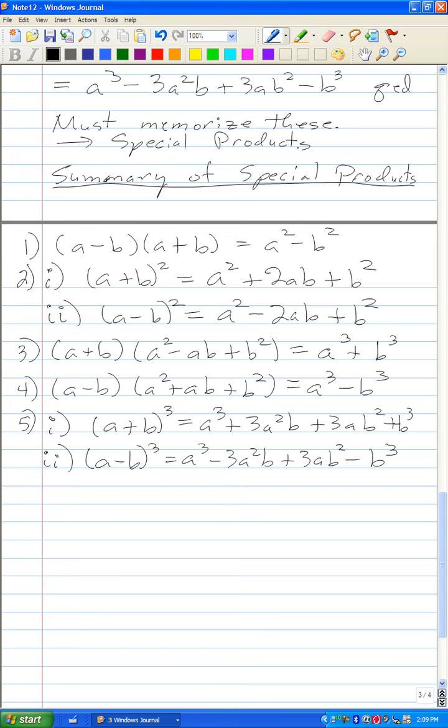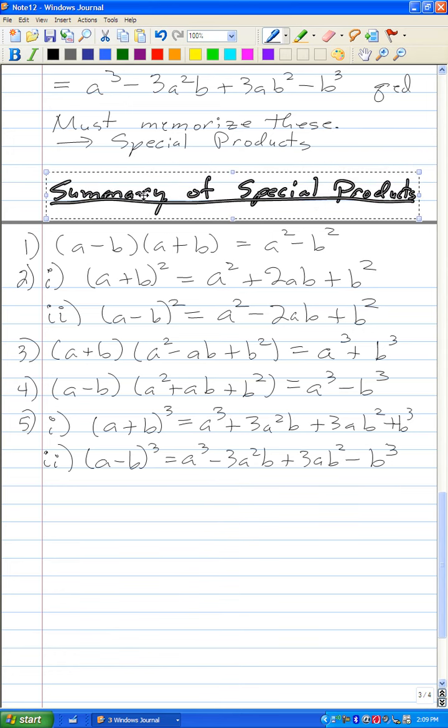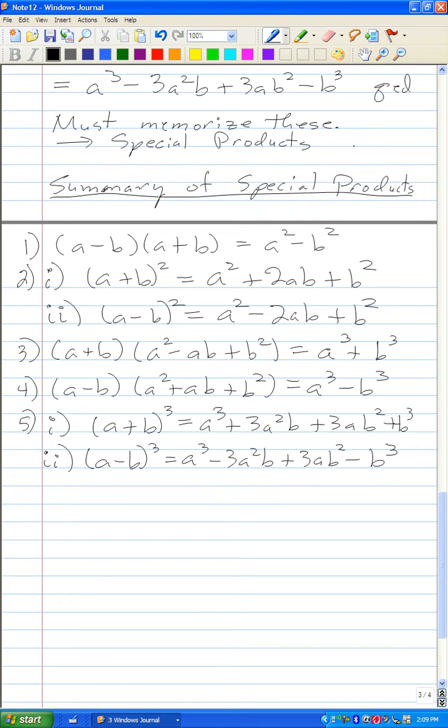But really, the most important reason for you to memorize these is not as special product formulas, but if you read them in the opposite direction, like a squared minus b squared is a minus b times a plus b, these are the special factoring formulas.